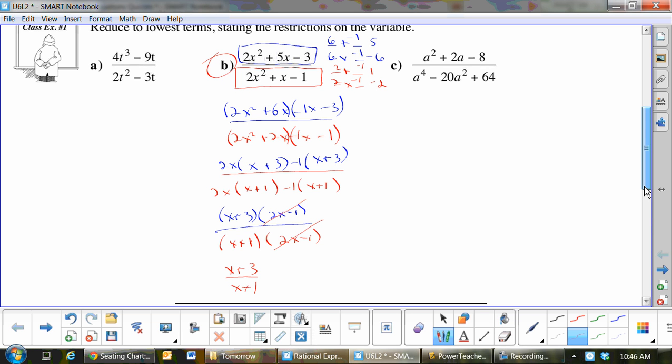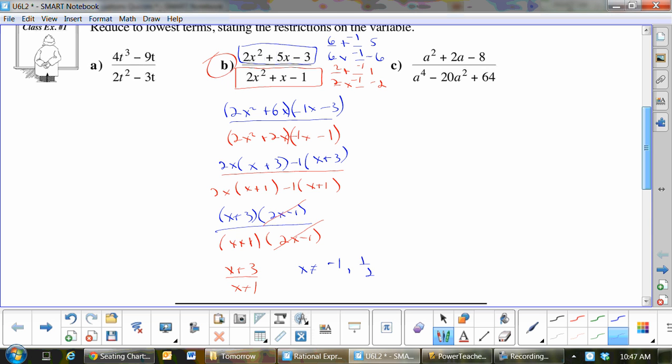Now, remember for rational equations, you're going to get in the habit of this, because every single question you have to do it. You can't just leave it that way. You have to always say the restrictions. So we want to go through the whole question and look where the restrictions are. So x cannot equal -1 and 1/2.